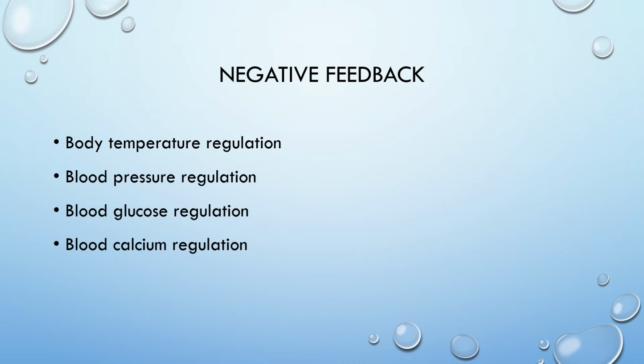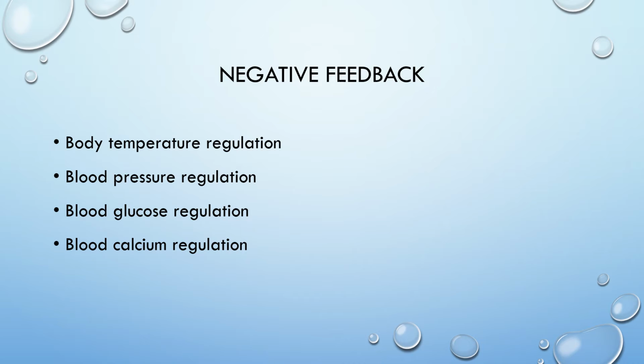Basically, the regulation in the body mainly involves negative feedback. But I will only share these 4 examples to give an overview of negative feedback regulation in our body in order to maintain homeostasis.